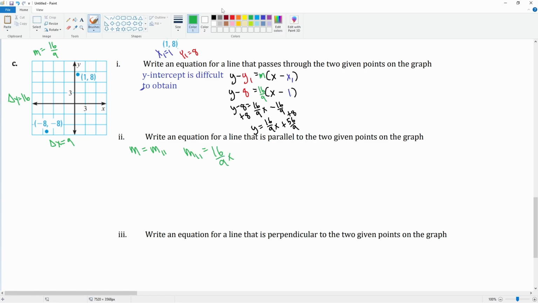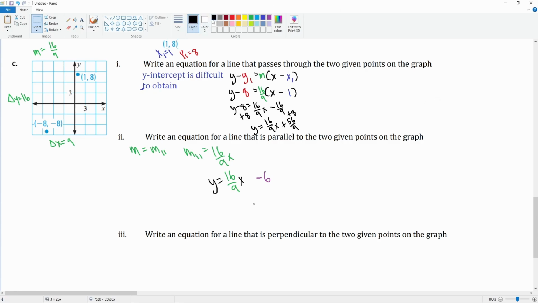You can pick any value that you want for the y-intercept. I'm just going to pick the value of negative 6. So the equation would be y is equal to 16 over 9x minus 6. That would be that equation.